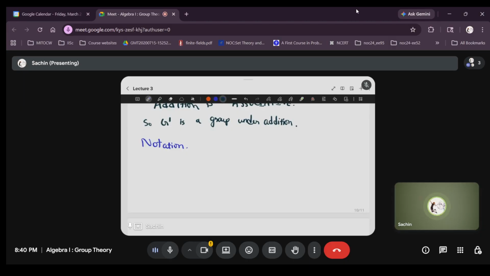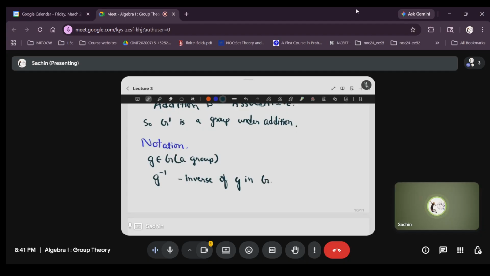For a group element, let small g be a member of the group, capital G. G power minus 1 is the inverse of g that I have been using already.